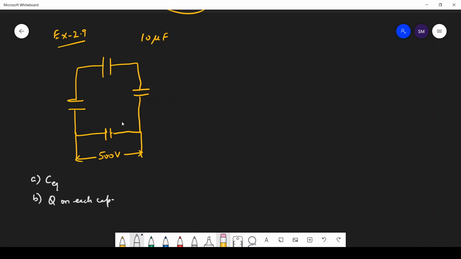Now let us first name these capacitors. This is C1, C2, C3 and C4. And the charges on them are given in the question.